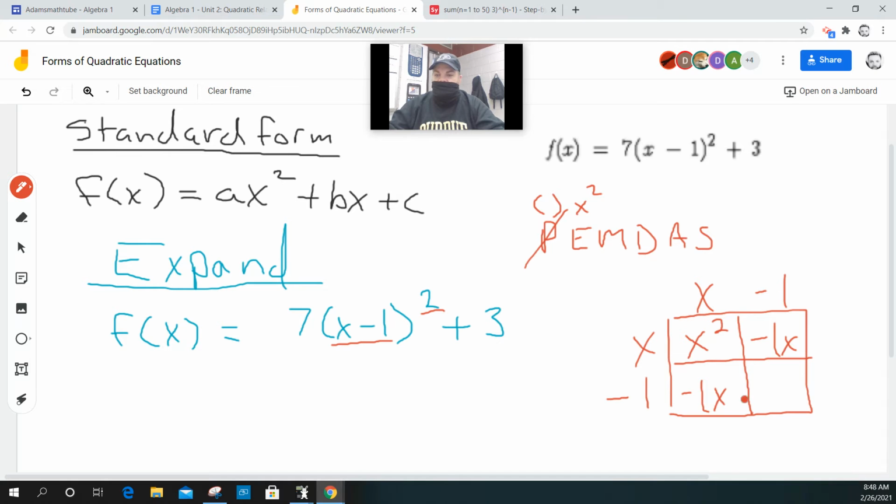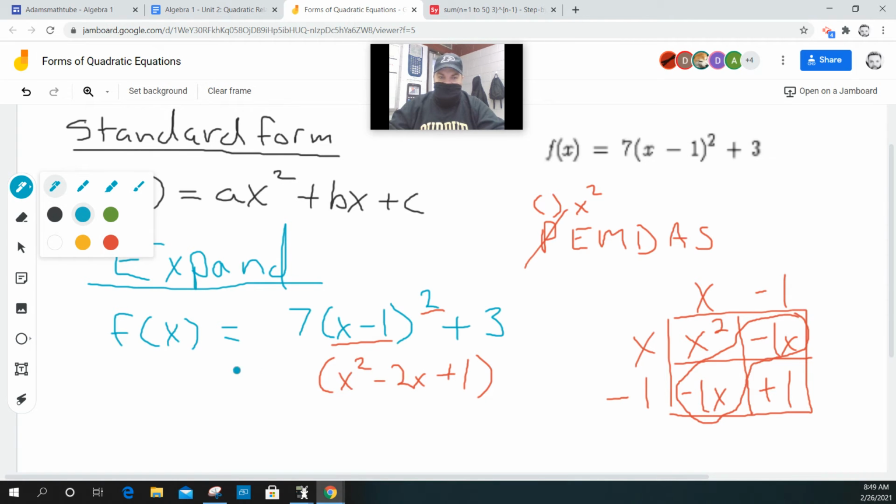And then negative 1 times negative 1 is a positive 1. I'm going to combine the like terms. What's negative 1x plus negative 1x? Negative 2x. So I'm going to replace this with x squared minus 2x plus 1. I'm going to put that in parentheses because I can't forget about the 7.